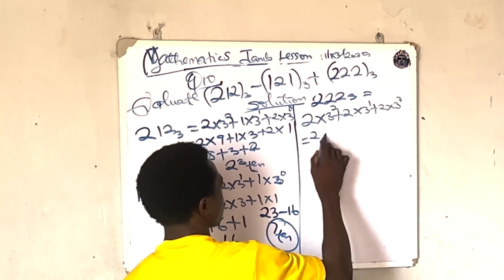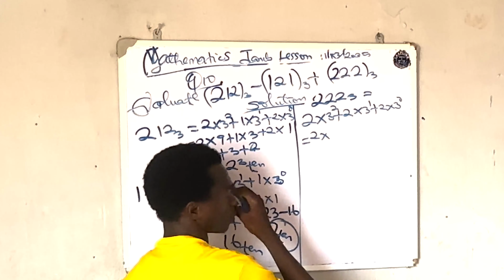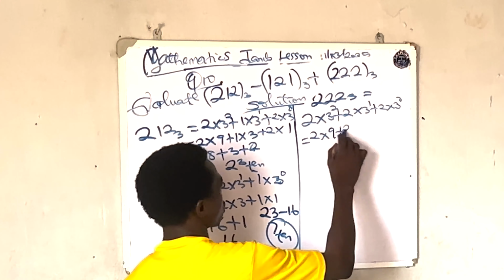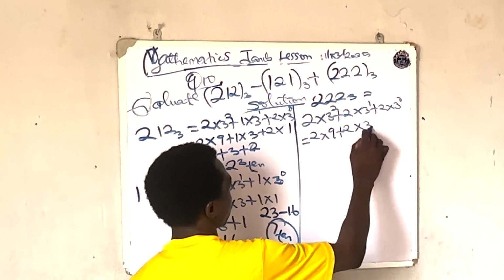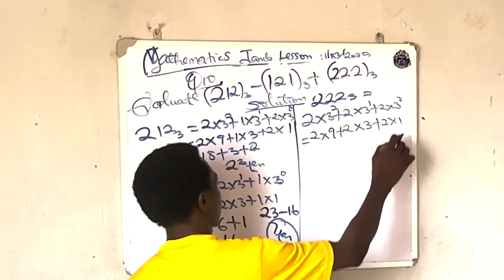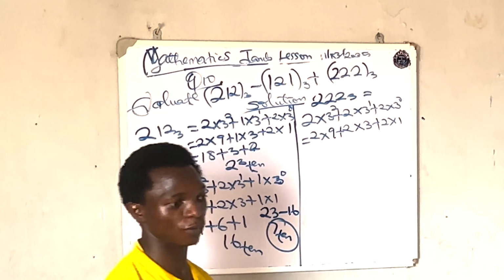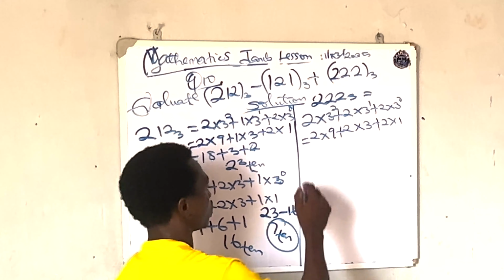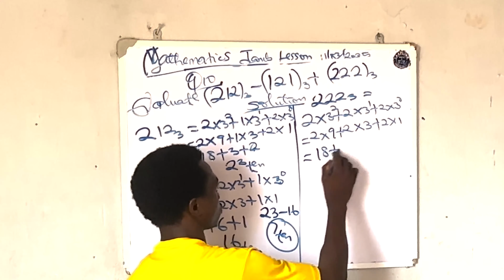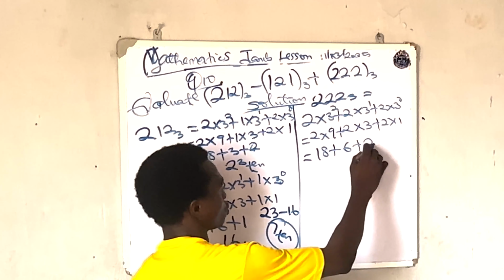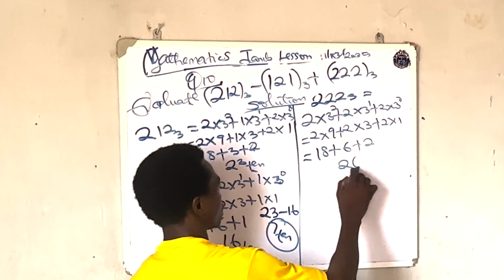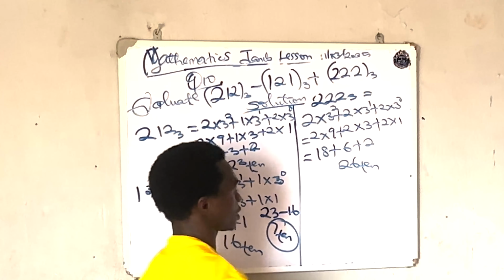This equals 2 times 3 raised to the power 2, which gives us 18, plus 2 times 3 here, plus 2 times 1, because any number raised to the power 0 gives us 1. This is equal to 18 plus 6 plus 2. Altogether we have 26 in base 10.